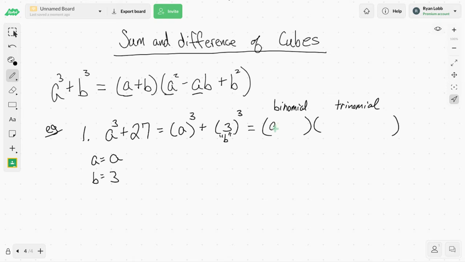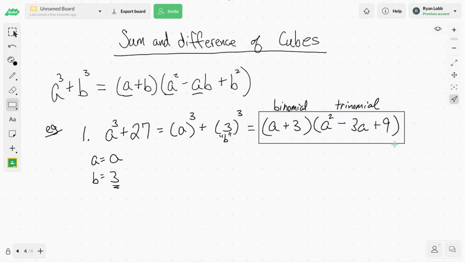So it's going to be a plus 3, and then a squared minus a times b, or in this case, a times 3, so 3a, and then plus b squared, in this case 3 squared, which is 9. Okay. So what does a cubed plus 27 factor into? It factors into right there.